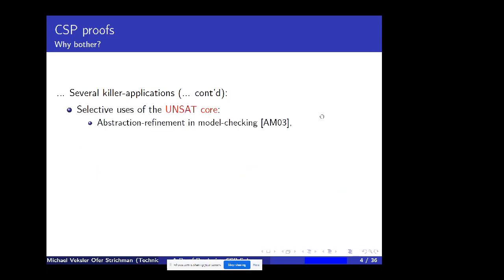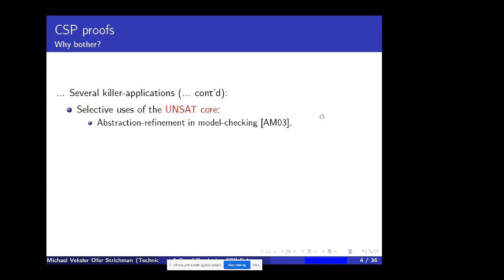Some examples of usage of the unsat core. Again, that's a work by Amla and McMillan from the same year, on abstraction refinement in model checking. There, you model check an abstract model where many of the latches are replaced with free inputs. You get an abstract counterexample, say of length 10.